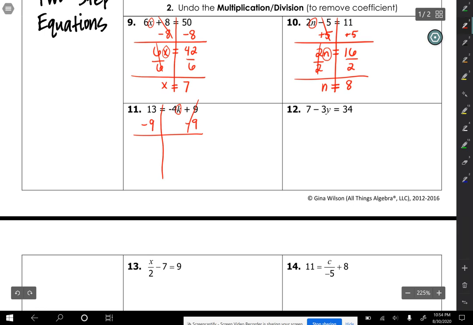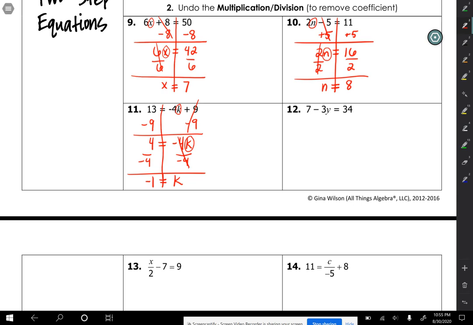These cancel out. 13 minus 9 is 4 equals negative 4k. Now, right here, we're still solving for the k, and it's being multiplied by this negative 4. So to undo the multiplication, we need to divide by negative 4 on both sides. 4 divided by negative 4 is negative 1 equals, these cancel out, leaving me with k.